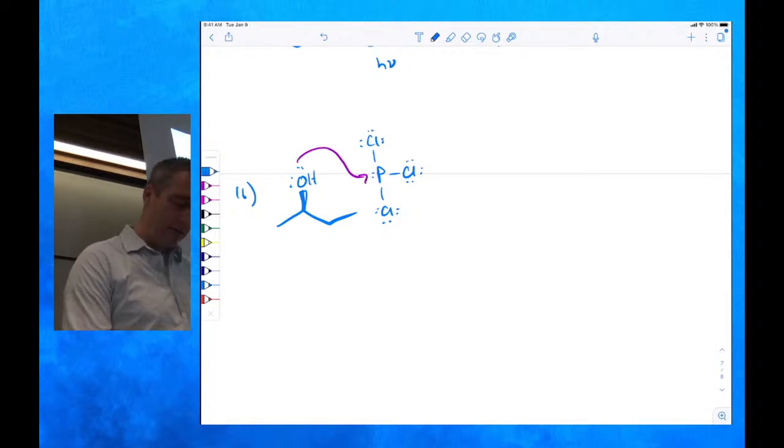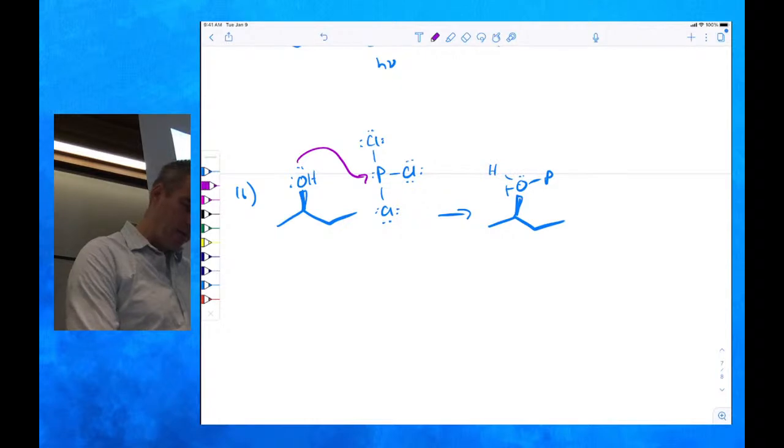You end up getting chloride coming off at the same time. It's like an SN2.